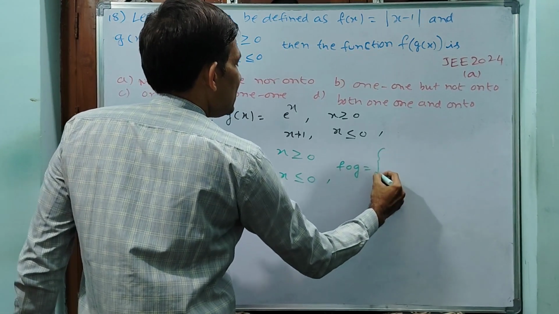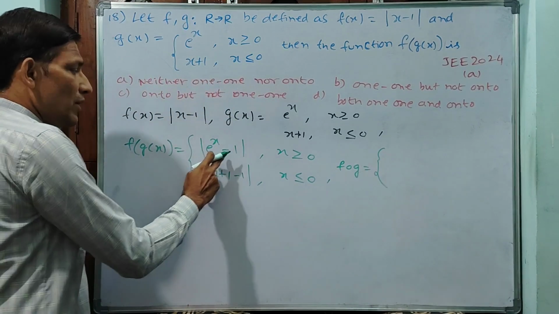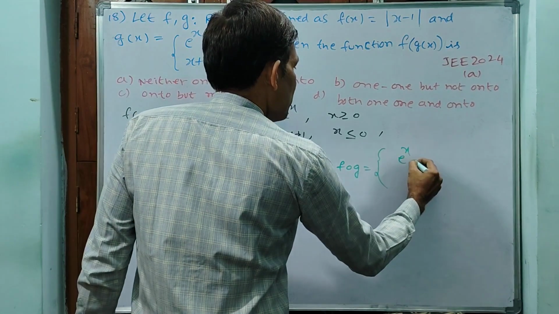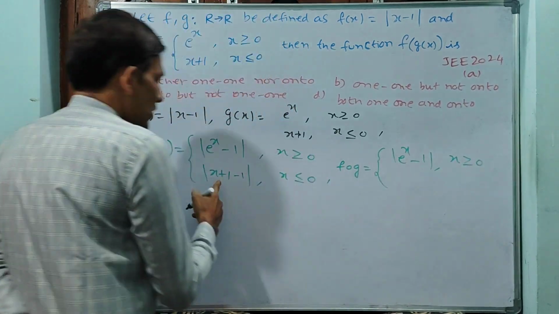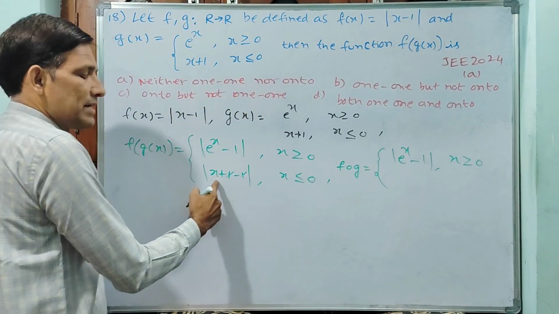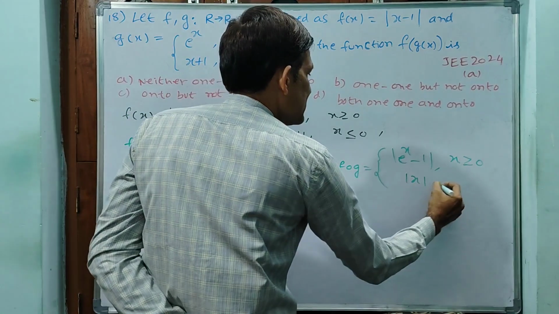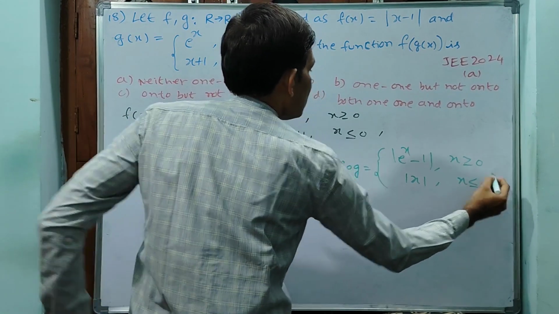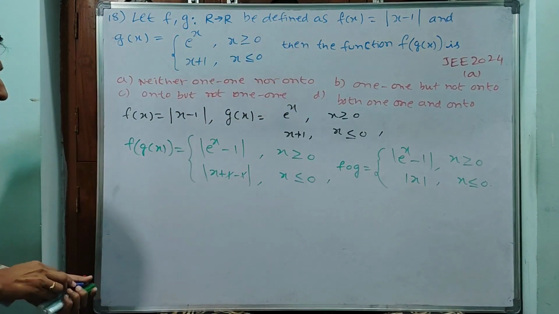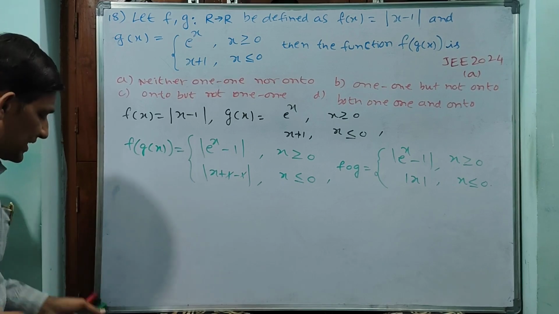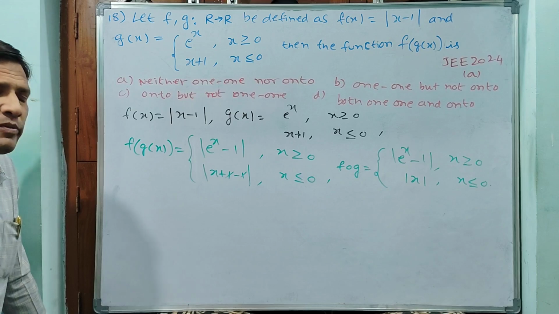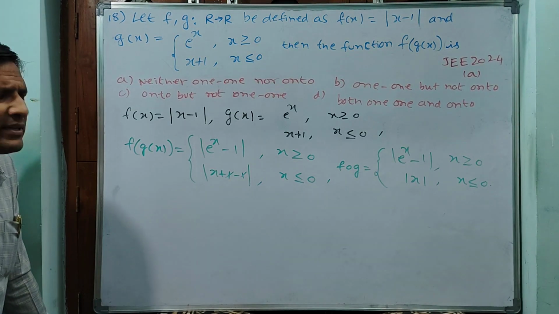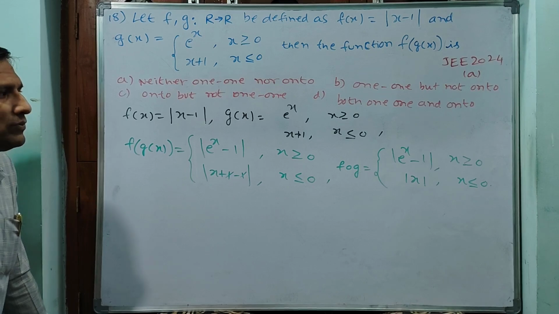Now rather than f of g of x I will write f of g. f of g is equal to e power x minus 1, you keep like this only, modulus, where x is greater than or equal to 0. Now plus 1 minus 1 cancels out, so modulus of x when x is less than or equal to 0. Now you tell me, when x is greater than 0, is this function going to come negative anytime? No. Why? Because e power x is always greater than 0.